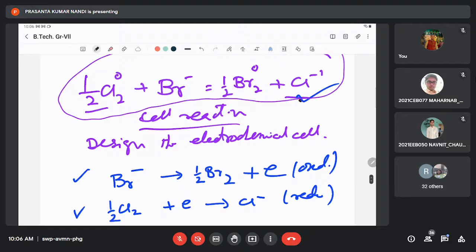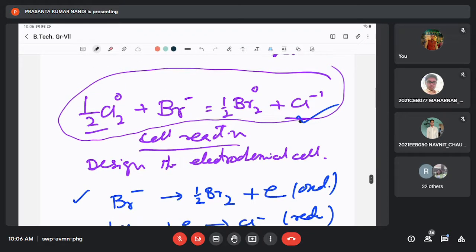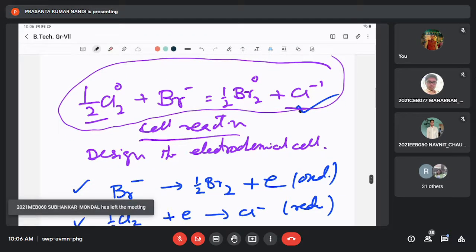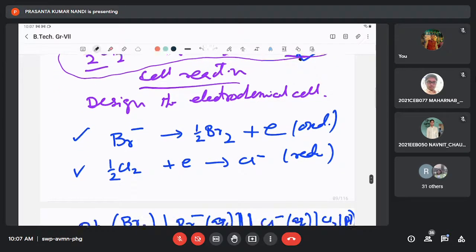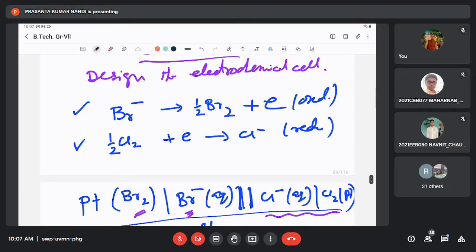To proceed, you have to identify the half cell reactions, the oxidation part and reduction part, like this. And once you write down the oxidation and reduction reactions with proper electron balance, then you can easily write down the two half cell reactions and construct the cell like this. For the present problem, it would be like this.